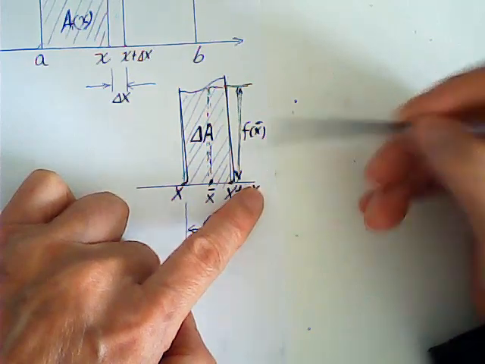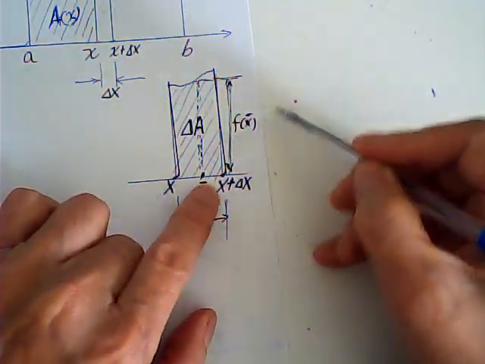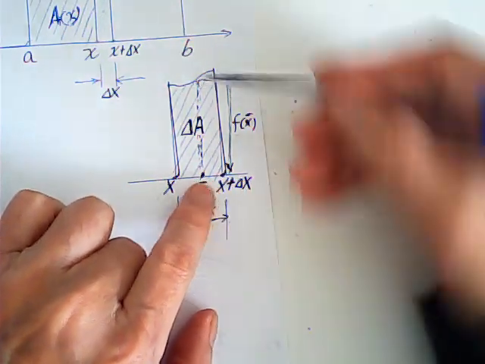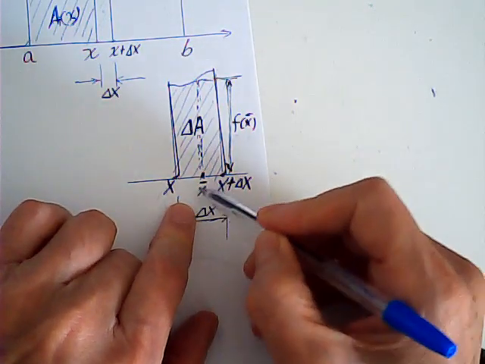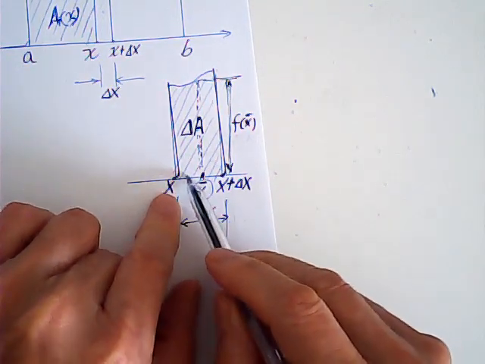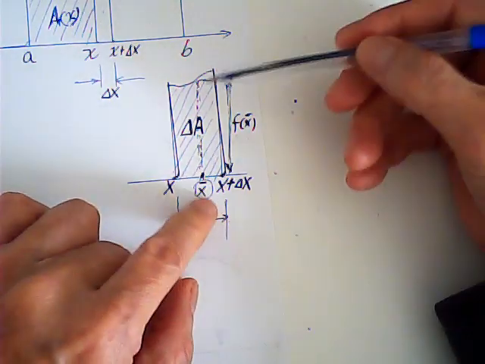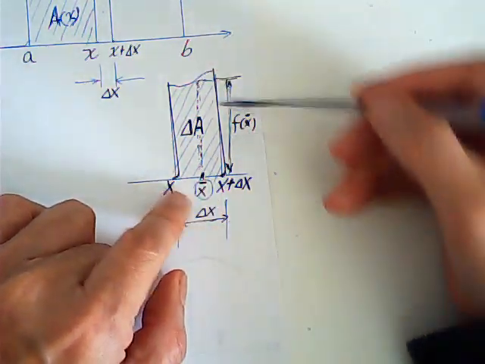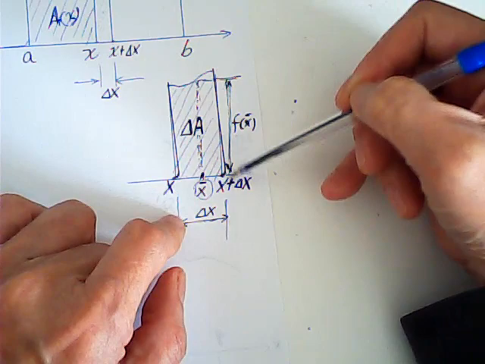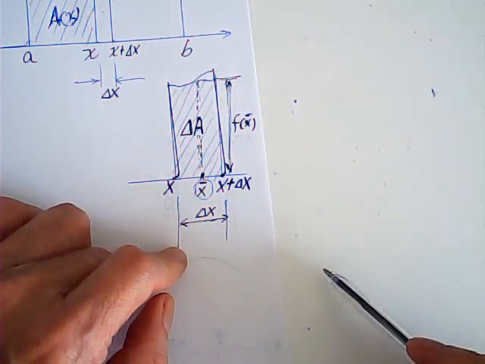That average height is called f of x bar, which means the function value is based on x bar. This x bar must exist somewhere in this tiny interval. That height is the average height of this small, very tiny slice.